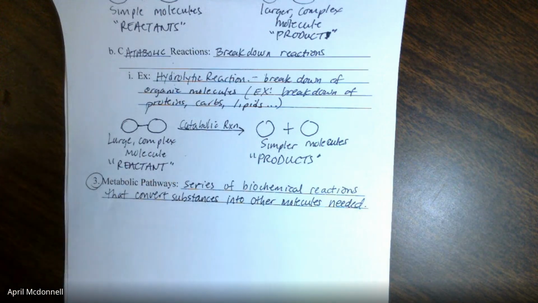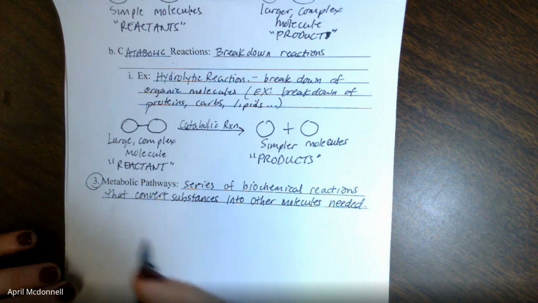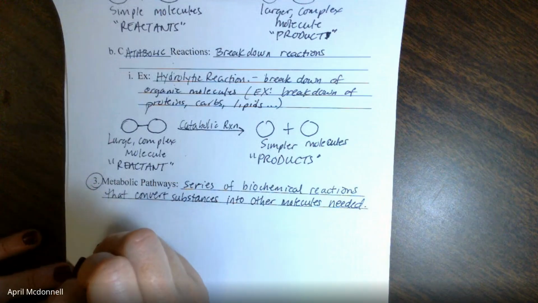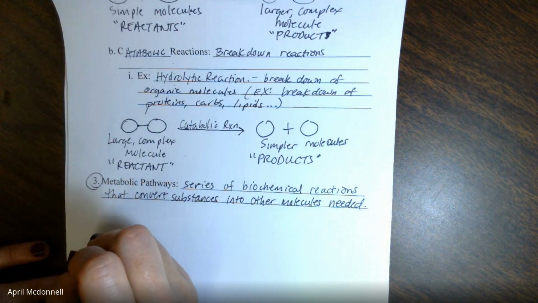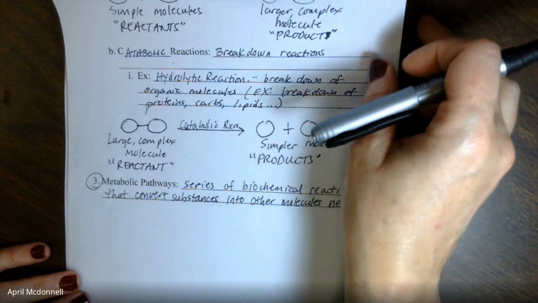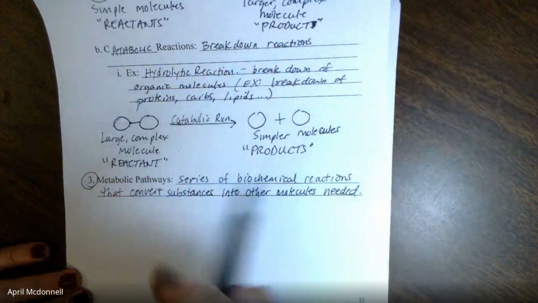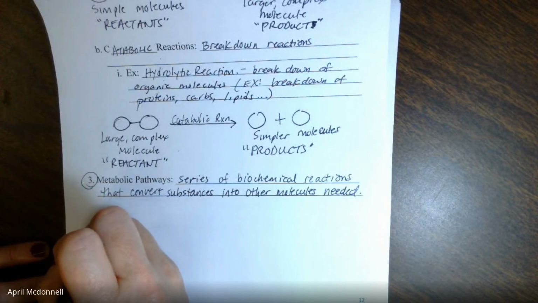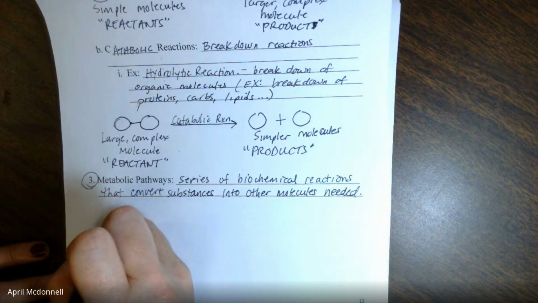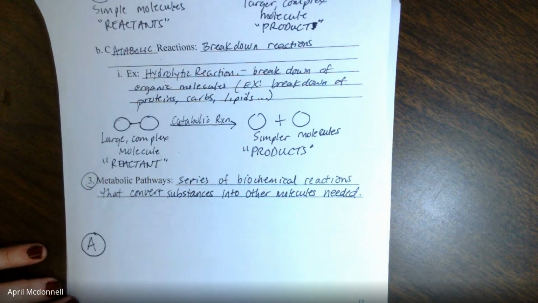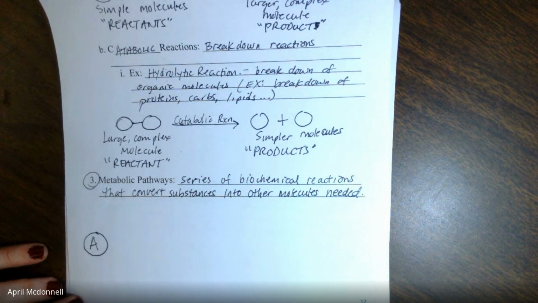I'm going to draw a very basic diagram to show an example of a metabolic pathway. We're going to start off with substance A. That's going to be our beginning substance.